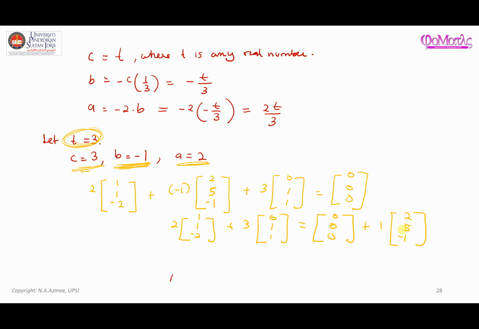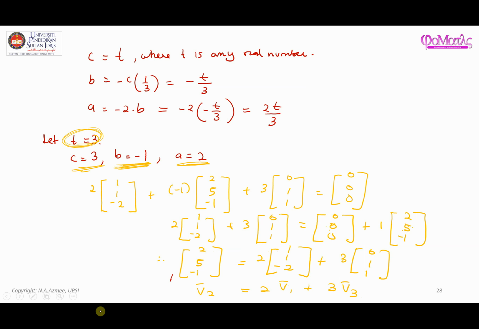Okay, so we can write it in terms of, therefore we have 2 5 negative 1 is equal to 2 1 1 negative 2 plus 3 0 1 1. And here is the second vector expressed in terms of the first vector and the third vector.